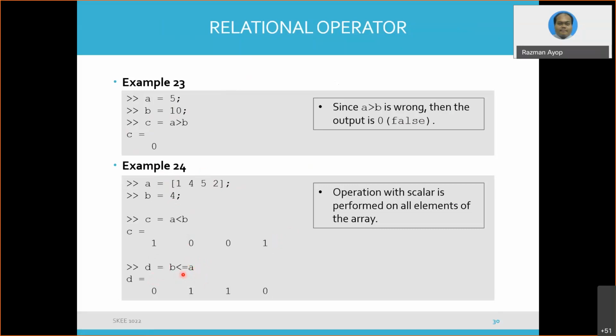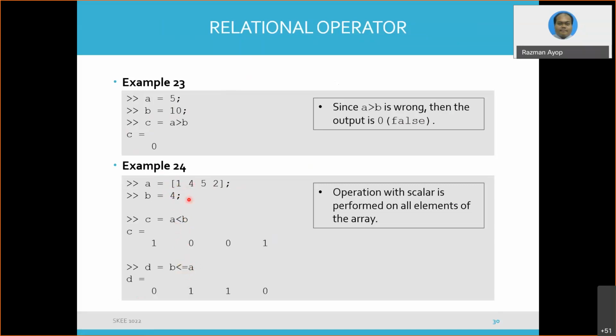So B is less than or equals to A. So this one is B, which is 4, less than or equals to A. So 4 less than 1 is 0.